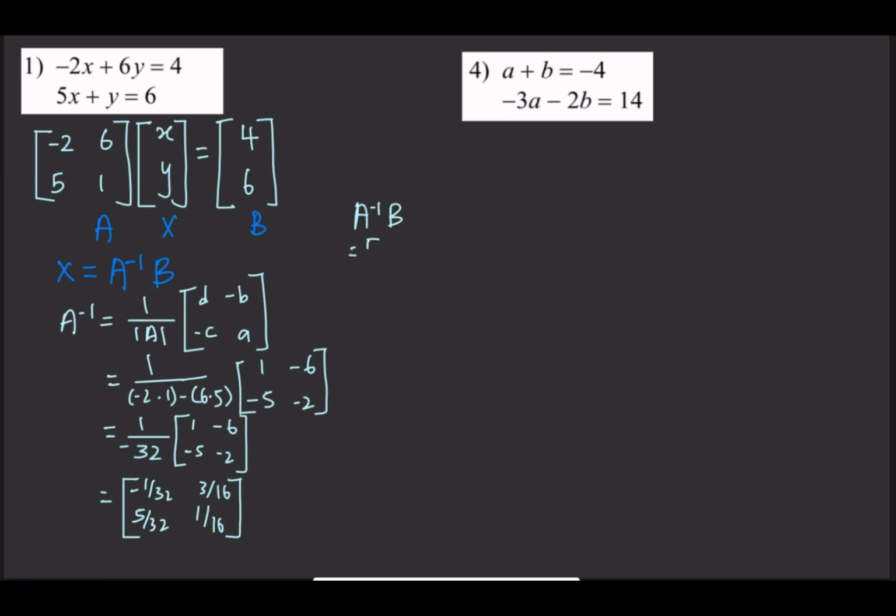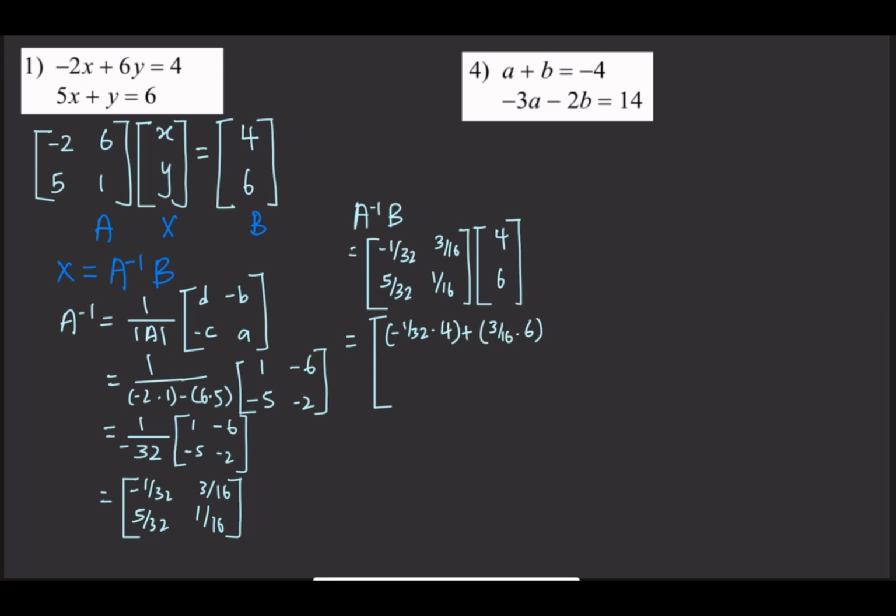Equal to multiplied by B, 4 times 6. Remember, this is negative 1 over 32 multiplied by 6, multiplied by 4 plus 3 over 16 multiplied by 6, 5 over 32 multiplied by 4 plus 1 over 16 multiplied by 6.